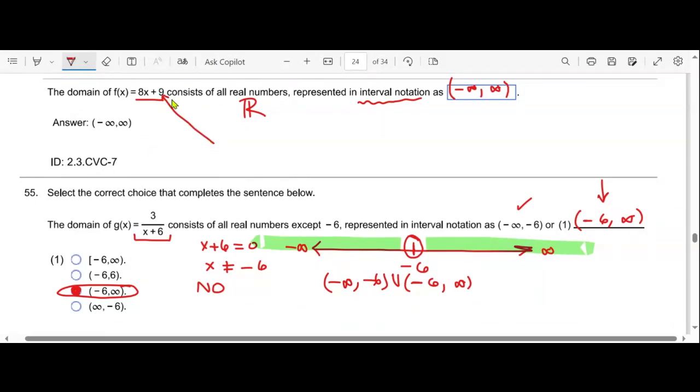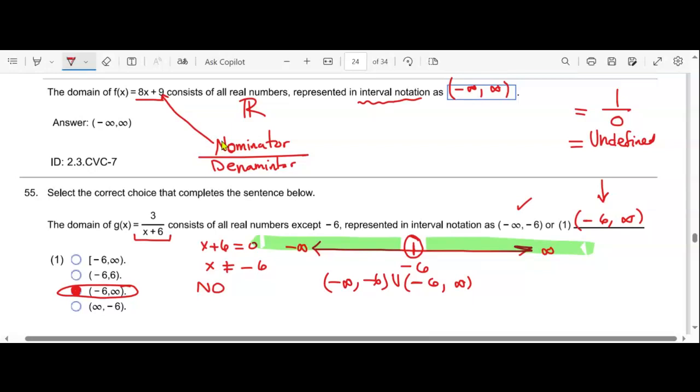Tell him, is this the numerator or the denominator? That's the numerator. Do we have anything in the denominator, because it's not allowed to have 1 over 0? Because this gives you what? Undefined. Do we have anything in the denominator? No. We only have a numerator.